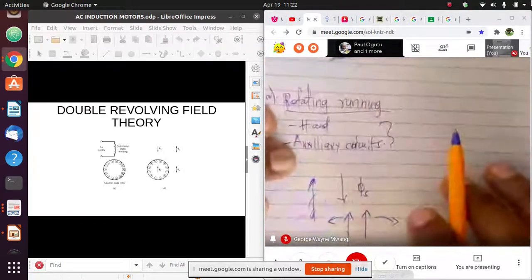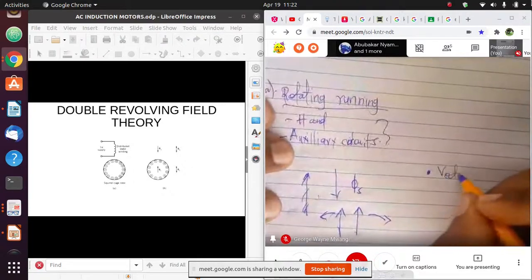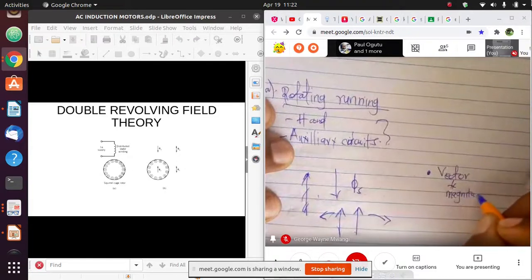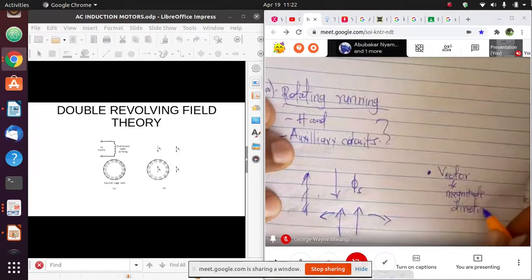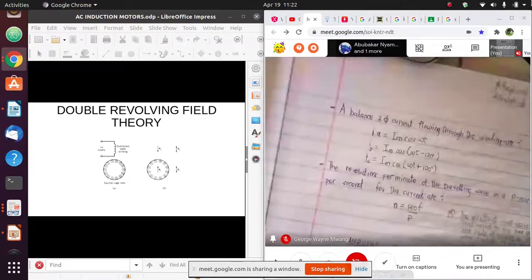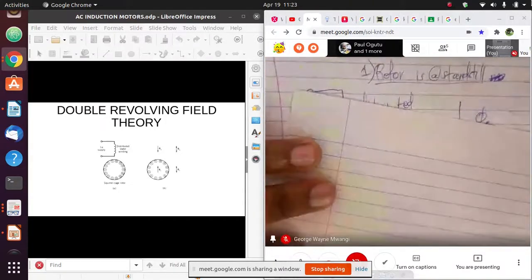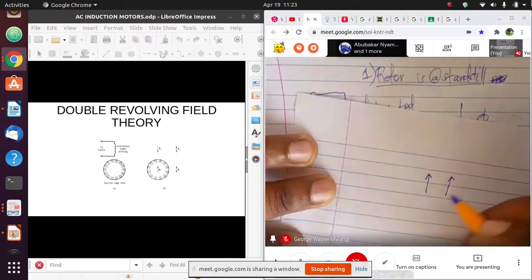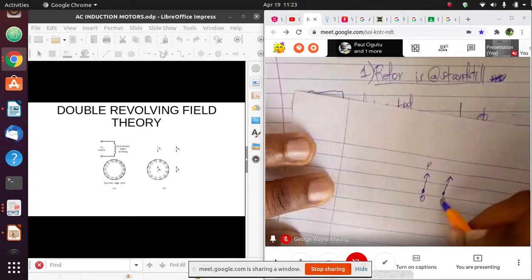Since an AC supply is a vector quantity, and when I say a vector quantity, I mean that it is a quantity that has both magnitude and direction. Now, let us look at this in this case. Let us consider two vectors. I'll label them OP and OP.